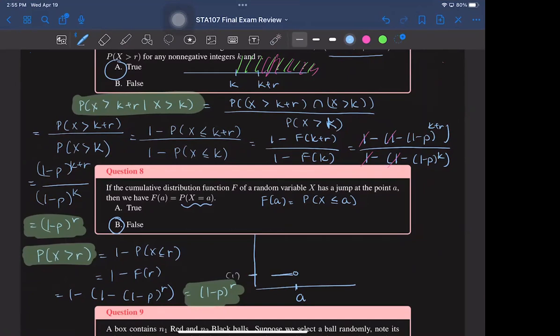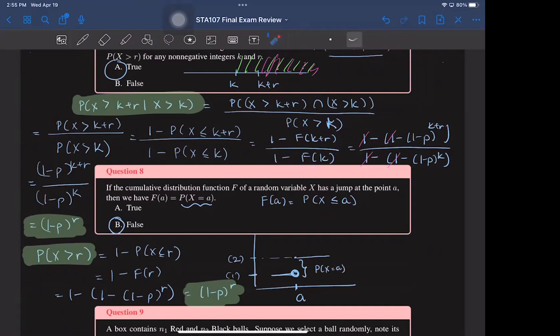And then you have X has a jump at the point a, which means when X is at a, the function has a jump up to here, which is at the second value. Then from this graph, you can say that probability that X equal to a is the amount of jump.